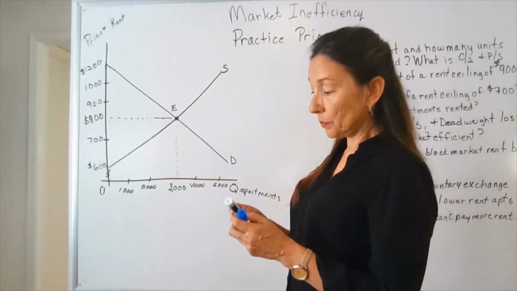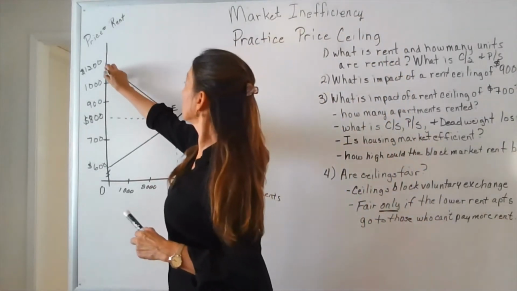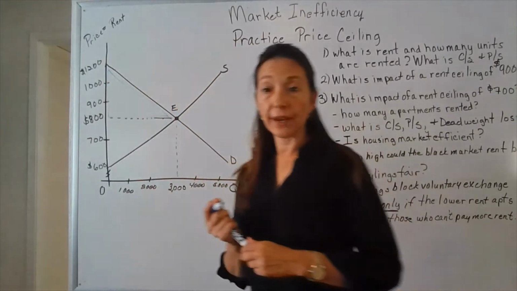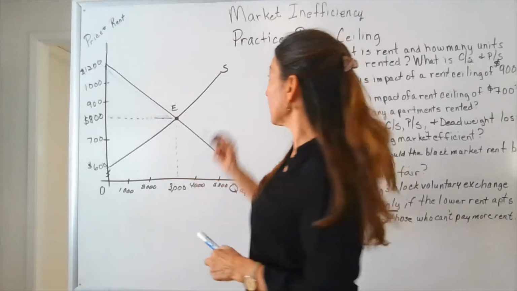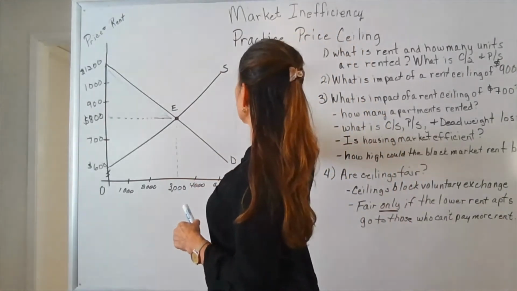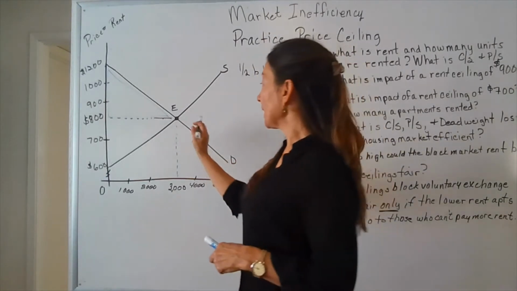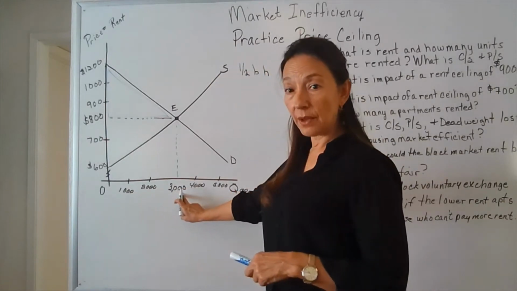All right, consumer surplus. We are going to take this triangle and figure out the area. Recall that the area for a triangle is calculated as 1/2 base times the height. So the base of this triangle goes from 0 all the way to 3,000.